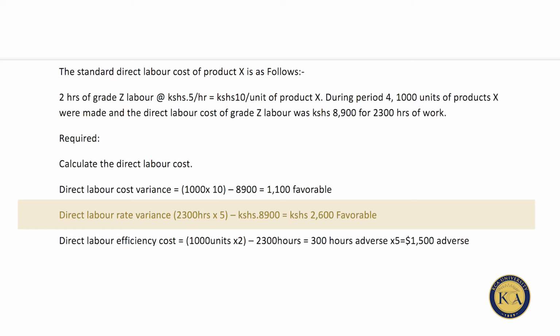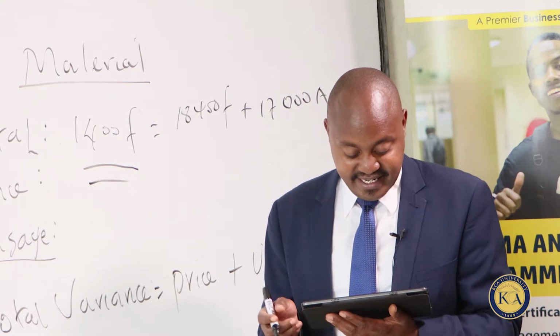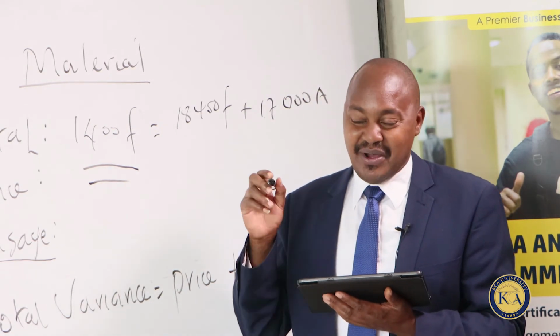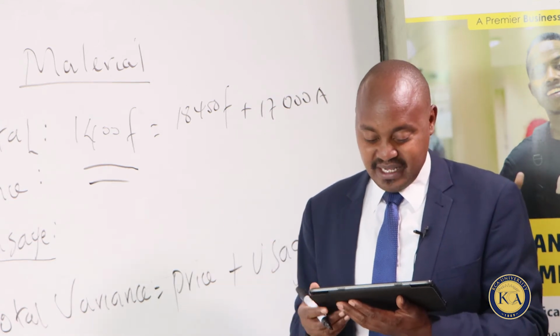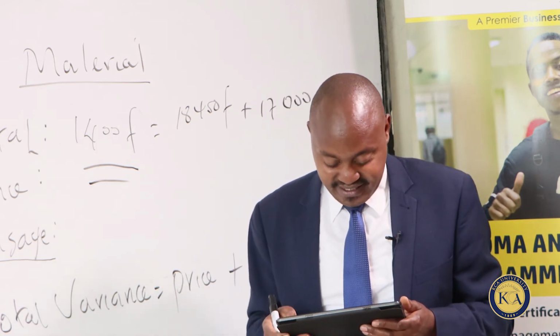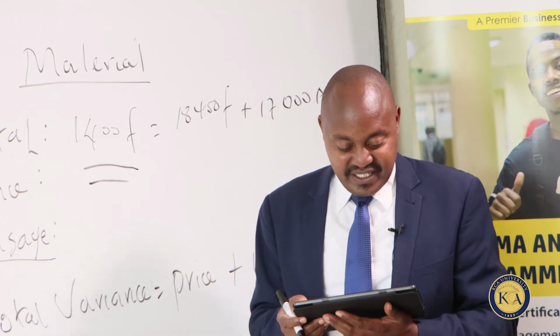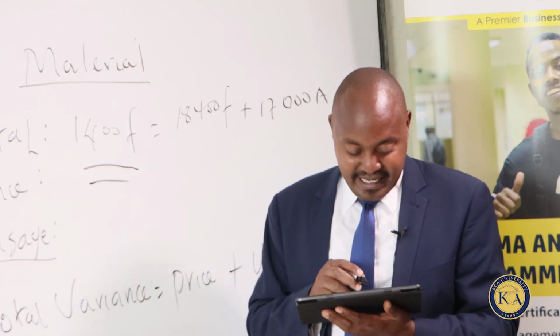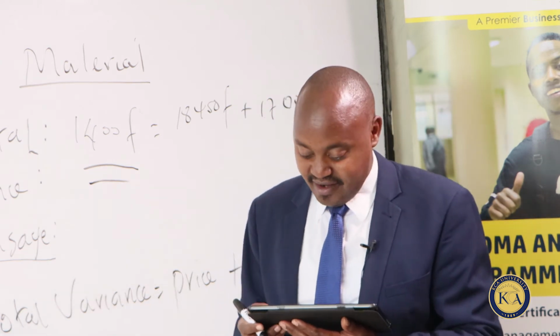We proceed on with the efficiency variance, and with regard to the efficiency variance, we are measuring how efficient we have been in producing the 1,000 units. Our plan was to spend 2 hours for every unit. We were expecting about 2,000 hours of labor, but we ended up using 2,300 hours.